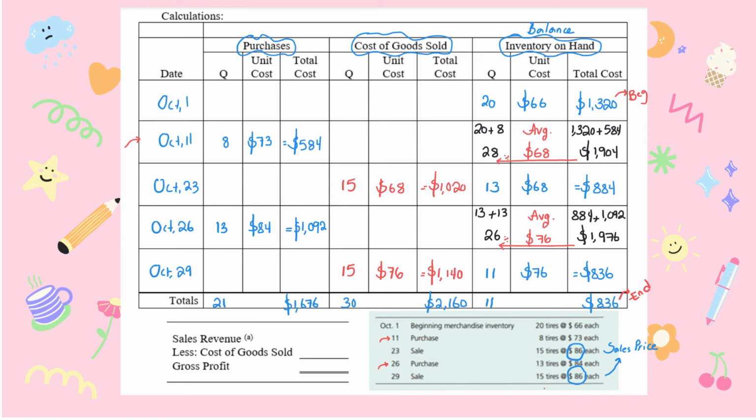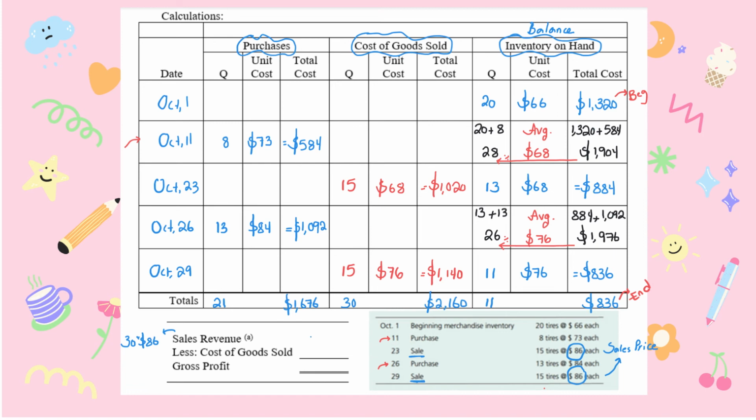Okay, let's find now the gross profit under weighted average method, which is sales revenue less cost of goods sold. Sales revenue, we need to look at the sales transactions. We had 2. So the first one on 23rd, 15 units at 86 each. On 29th, 15 units at 86 each. So in total, we had 30 units at 86 each.